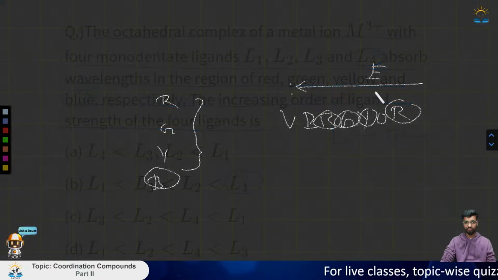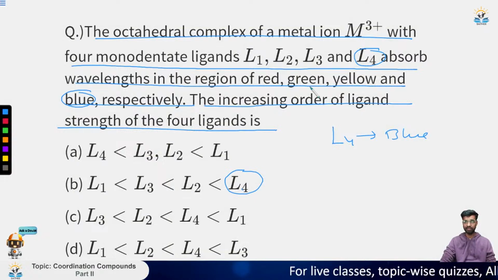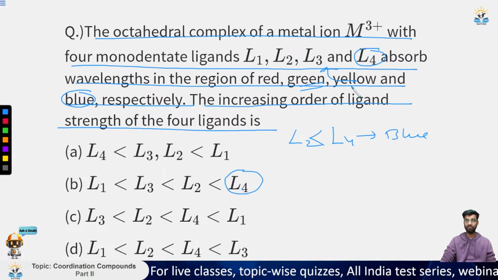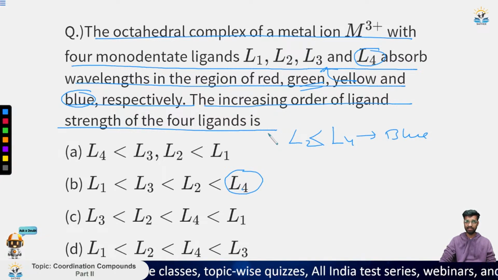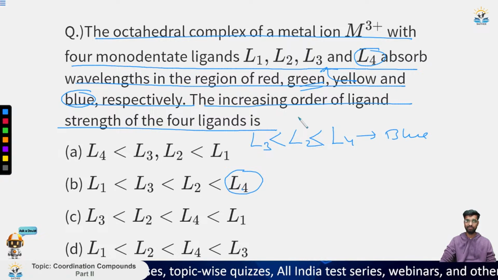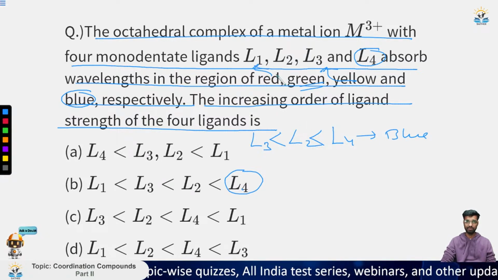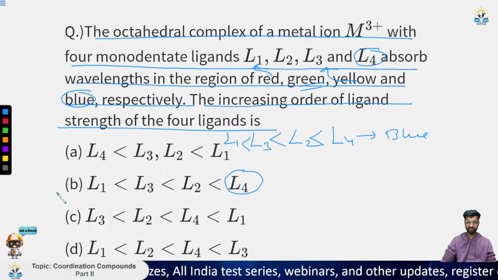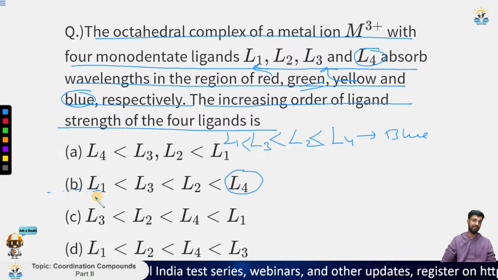So green is related to L2, so then we have L2. Then yellow is related to L3, so then we have L3. Then we have L1. So if you compare it, this is the correct answer that we have.